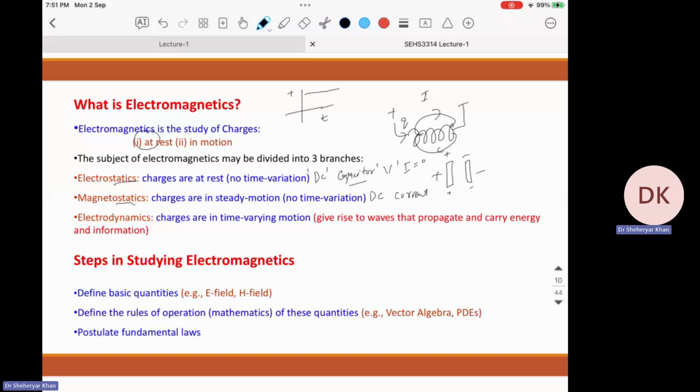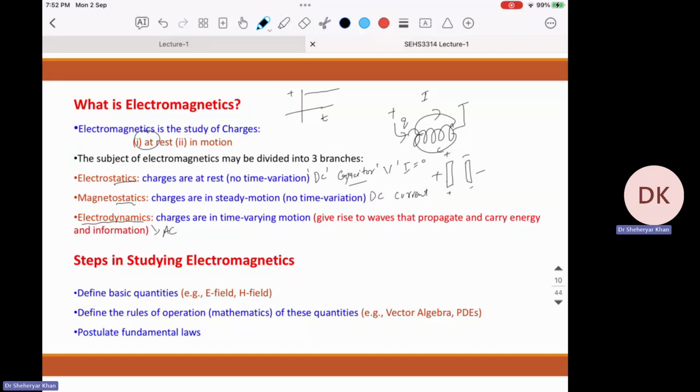Third case, what we call electrodynamics. Now dynamics means AC, right? So AC is one example. Another example is when you have some motion. Let's say I have a coil that has a DC inside it, but I'm rotating the coil, right?